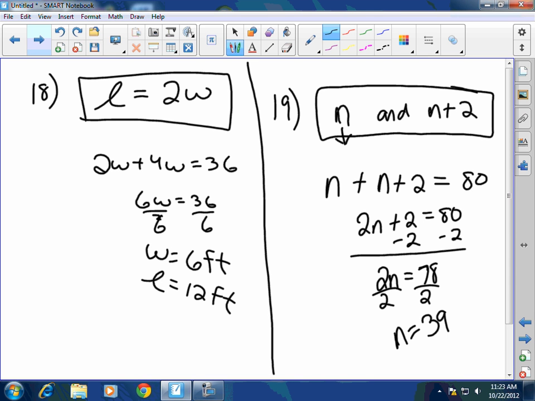Well, n is 39. What's the other integer, n plus 2? 41. And those are the 2 integers. You really can tell me with 100% honesty in your heart that this was a hard question?